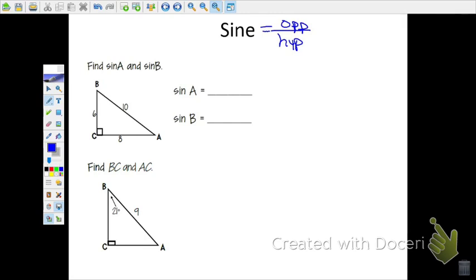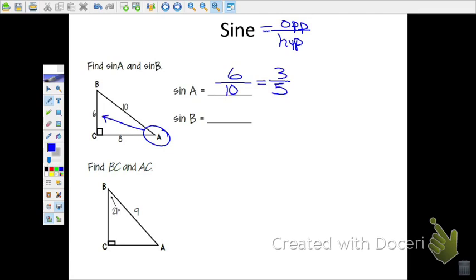So when I'm looking at angle A, what is the side opposite of angle A? That is the 6. In the denominator, we need the hypotenuse, which is 10. Can that fraction be simplified? Into 3 over 5, which is also 60%. So the sine of angle A is 3/5.